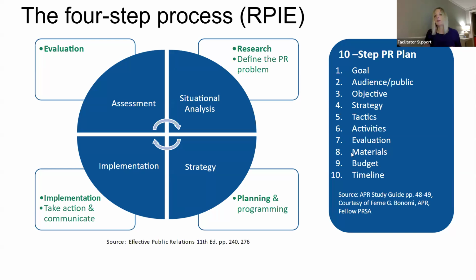The important thing to remember is that RPI is a continuous circle. Yes, it should start with research. Always start with research. Define your problem, do your situation analysis, and then from there you go into your planning process, where you build those strategies and objectives, and then you implement them.